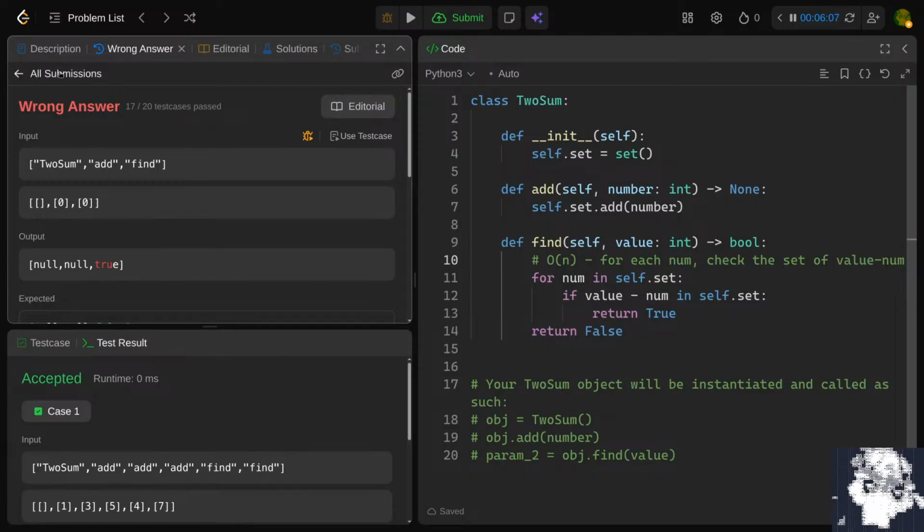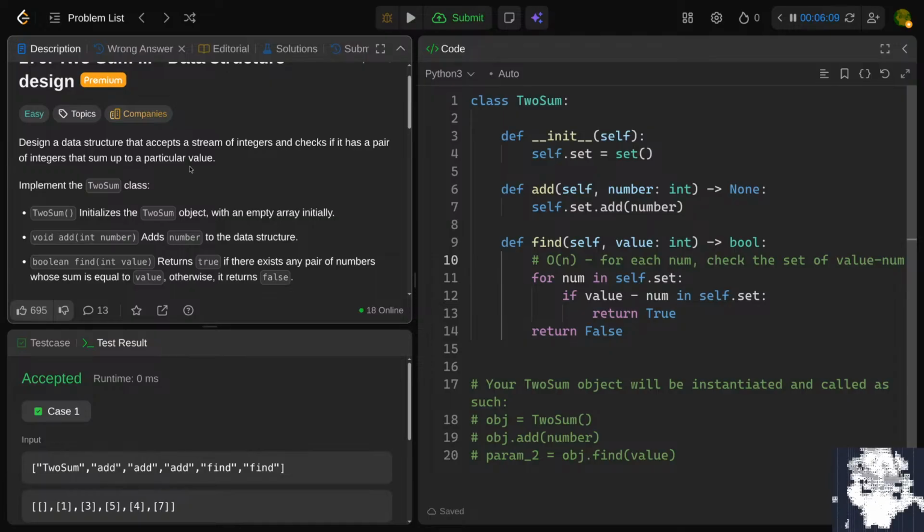That's not supposed to count, right? You shouldn't sum with yourself unless you have two of the same element.